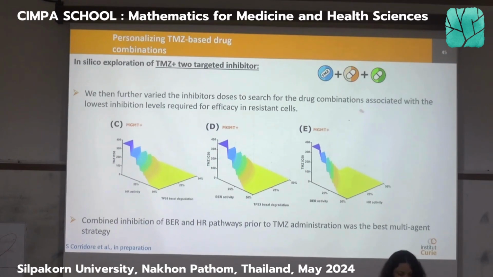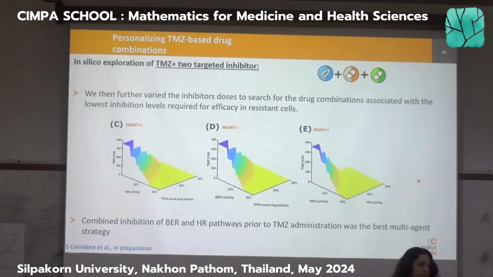So we have decided to follow up with this one, which is a combined inhibition of BER and HR, 2 types of repair. Just to sum up, the idea is to add those 2 inhibitors before exposing the cells to temozolomide. So this is the better conclusion. We now have a 3-drug combination: an inhibitor of BER, an inhibitor of HR, and temozolomide.